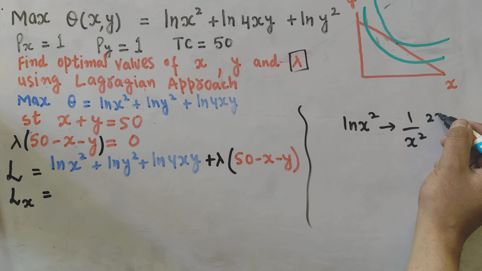The derivative of x is 1, so we are left with 4y. 4 gets cancelled, y gets cancelled, so we are left with 1 upon x. Now the derivative of the constant is 0, the derivative of x will be 1, so we are left with minus 1 into lambda, which is minus lambda, and we set it equal to 0.